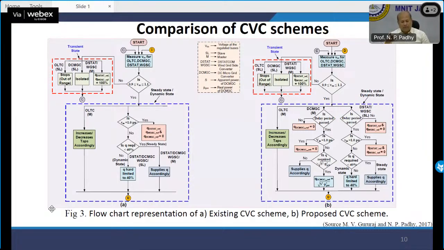Once I calculate, if it is matching, then your Q set will be the square root of S squared minus P squared. So basically, this is a control strategy which decides how the reactive power operating points of different converters are set, depending upon the required reactive power, and the same story is for the dynamic state also.